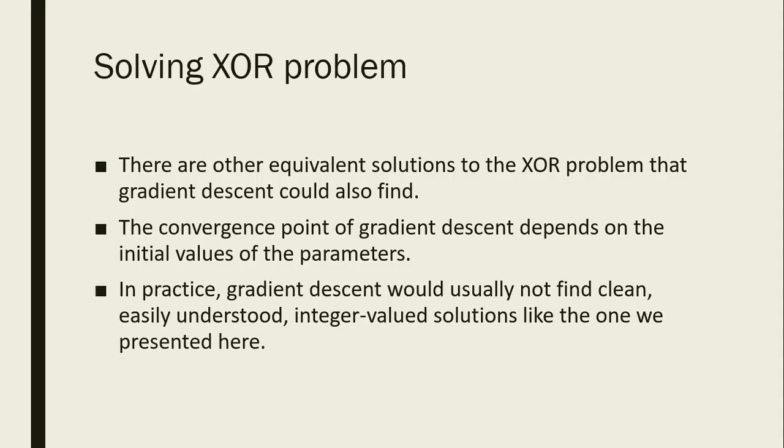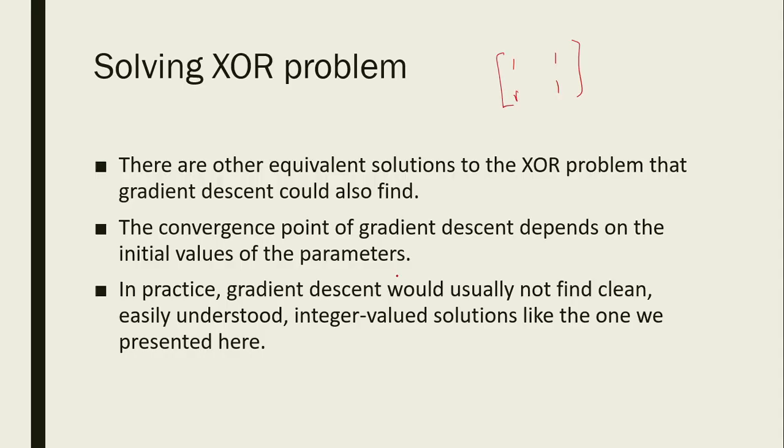In practice, gradient descent would usually not find a clean, easily understood integer-valued solution like the one we presented here. Here we presented a solution like 1, 1, 1, 1, all integer values, and the solution looks neat and clean.